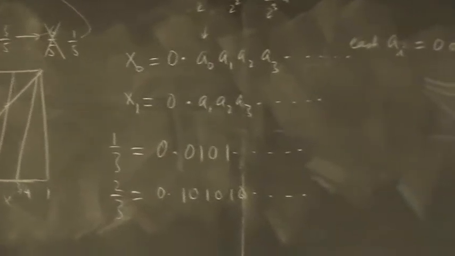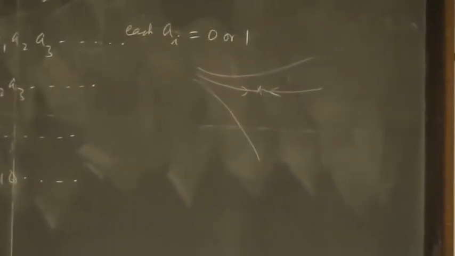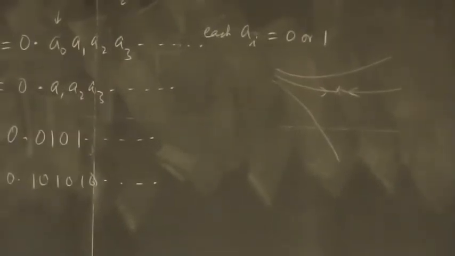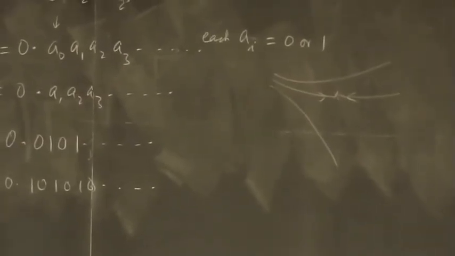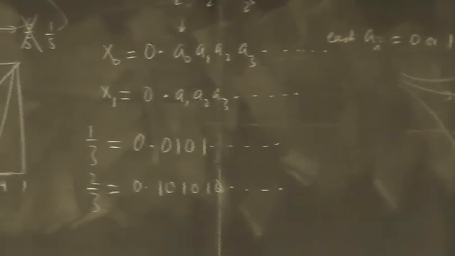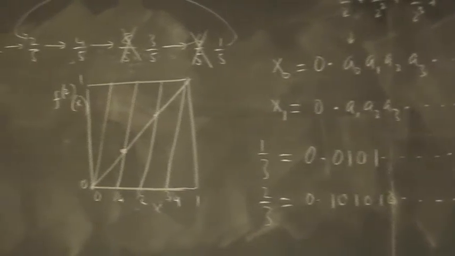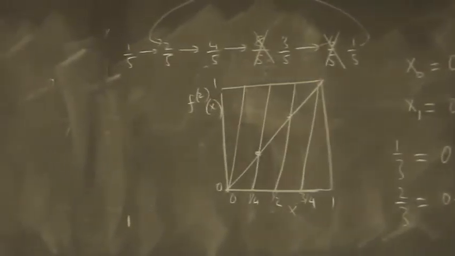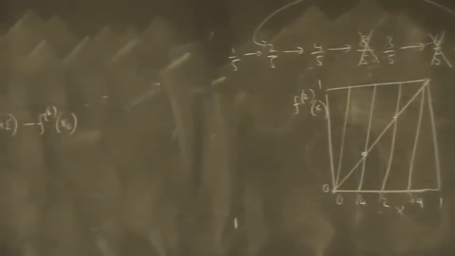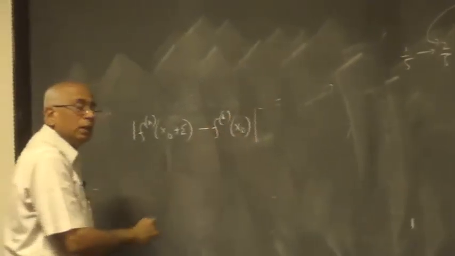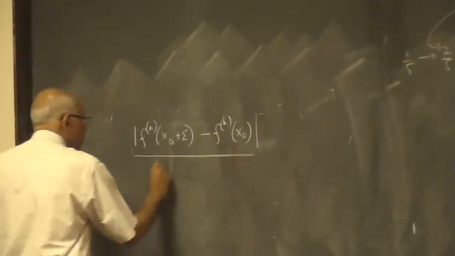So I want to know what's the modulus of f n iterate of x naught plus epsilon, since you're familiar with adding the increment on the left, minus f n of x naught. How fast is this separation happening? This modulus for a given separation.